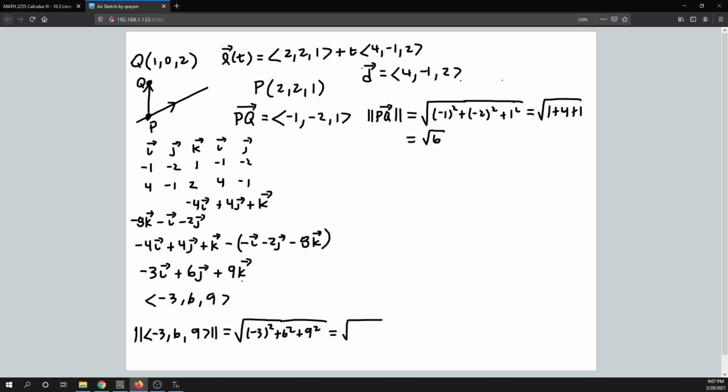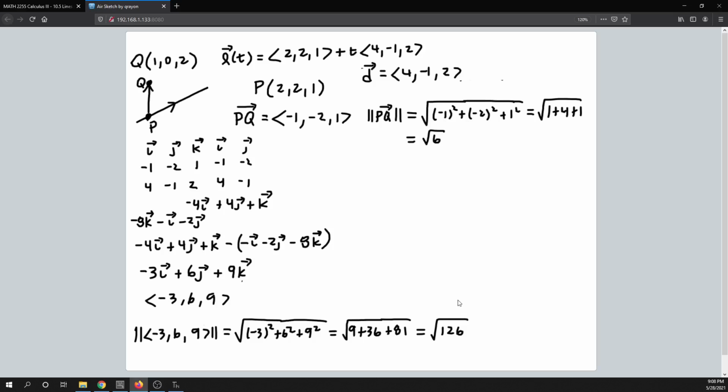That's going to be the square root of 9 plus 36 plus 81. Which is going to be 81 and 9 is 90. And then 90 plus 36 is 126.